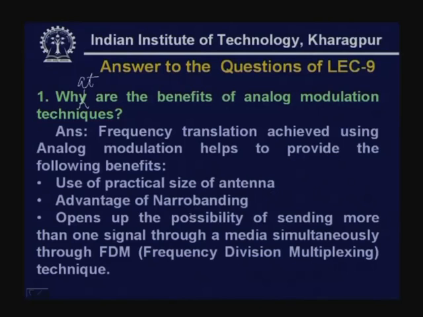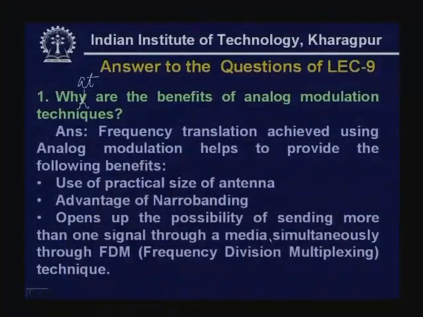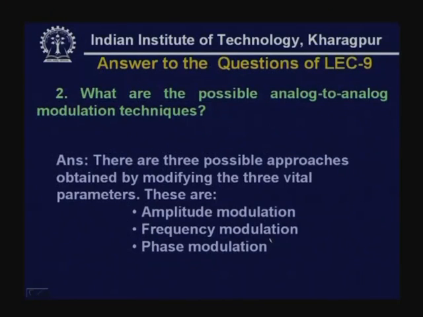It helps you to have the advantages of narrow banding. Then it opens up the possibility of sending more than one signal through a media simultaneously through frequency division multiplexing, FDM technique. And later on we shall discuss in detail the multiplexing technique, where we shall see this has some use.